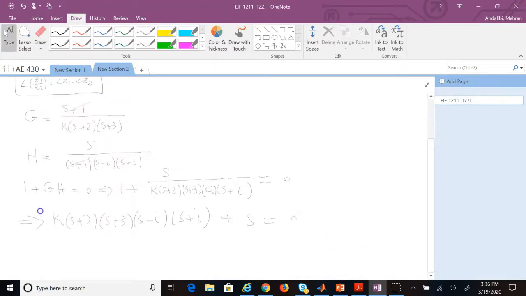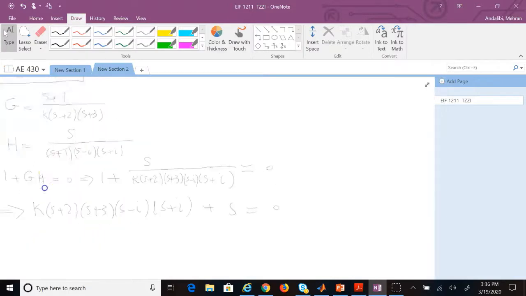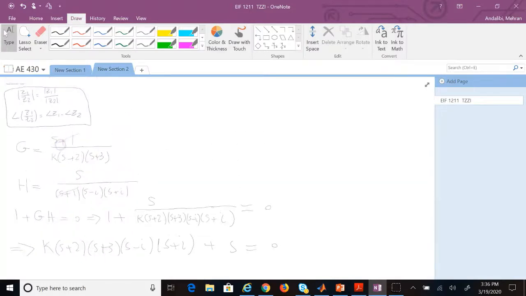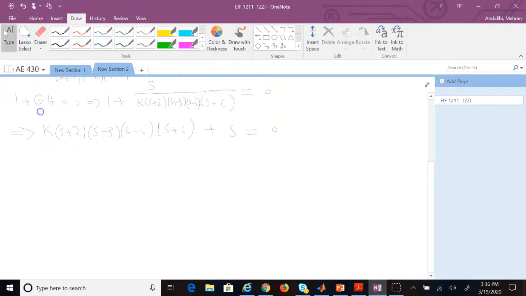Because when we take a common denominator, this denominator term cannot be 0. The numerator has to be 0. Good? So this numerator has to be equal to 0.